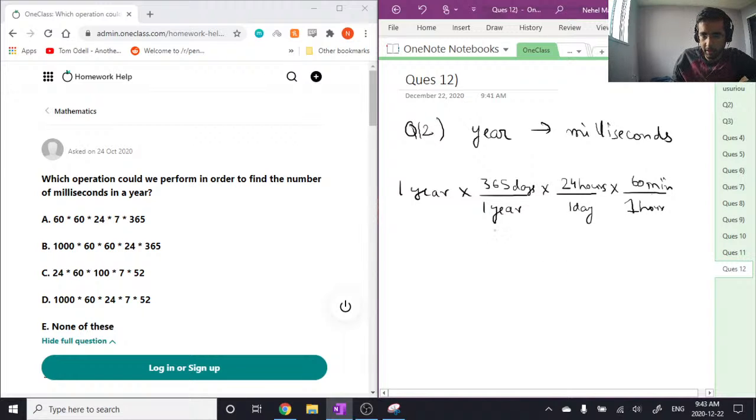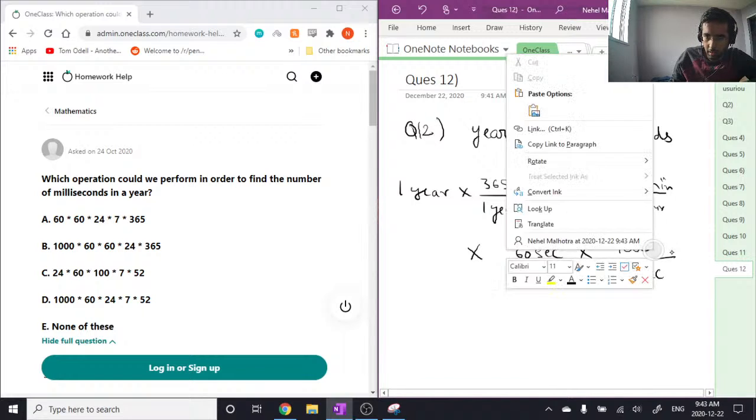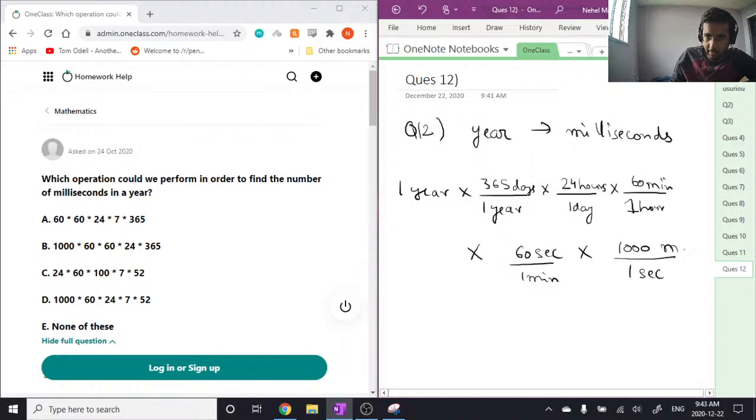I'm going to continue it in this line below. Every minute has 60 seconds. And then we know that 1 second is equal to 1000 milliseconds. So I'm just going to say ms.